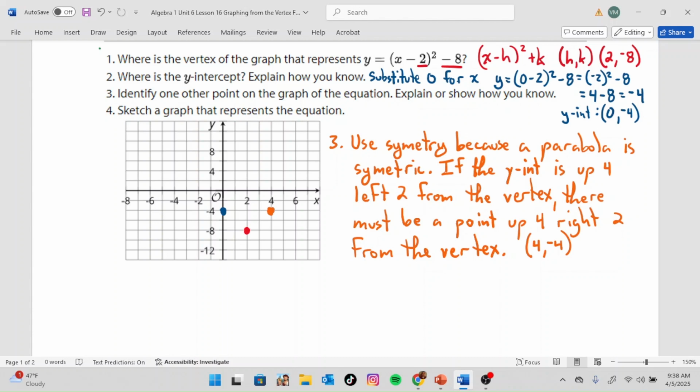And we have in orange a symmetrical point to the y-intercept. So now all I have to do is connect these points and continue my line up with an arrow in each direction, showing that this parabola keeps going.